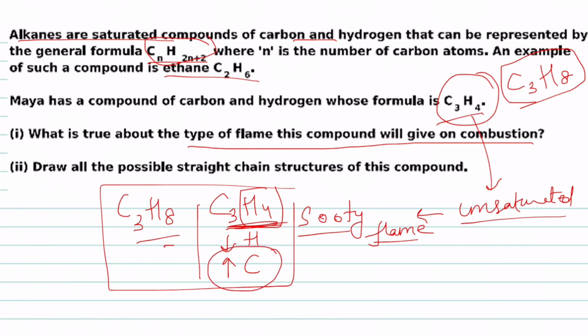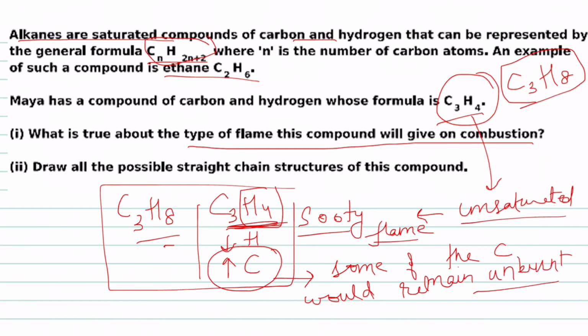High percentage of carbon means some of it would remain unburnt. Unburnt means it would not turn into carbon dioxide, because that is what combustion means here. It would remain as just carbon, and unburnt carbon is soot.